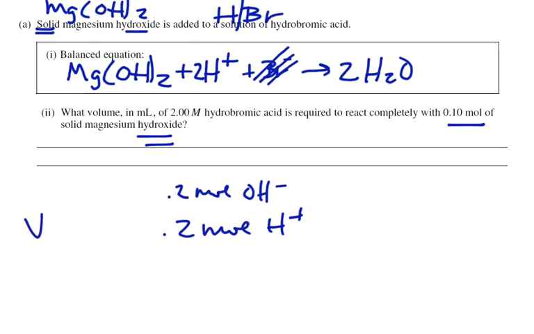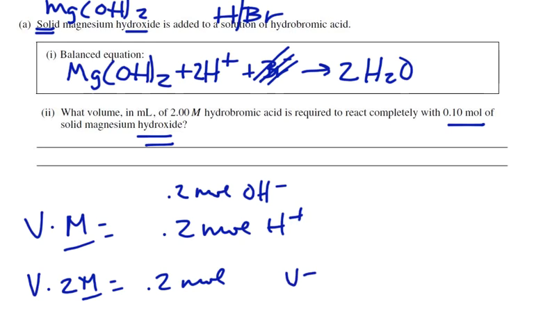And we know that the volume times the molarity gives us moles. So we want to know what volume times 2 molar will give us 0.2 moles. That volume is equal to 0.1 liters, which is 100 milliliters.